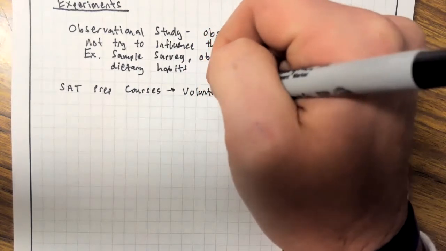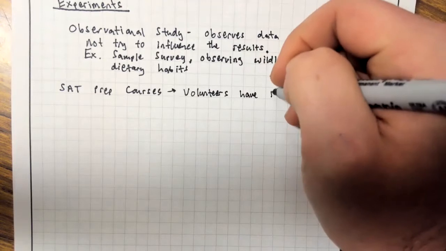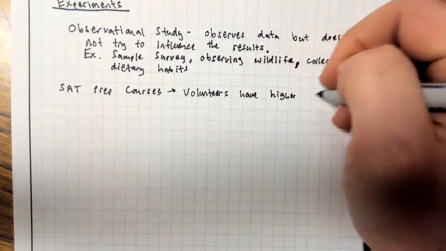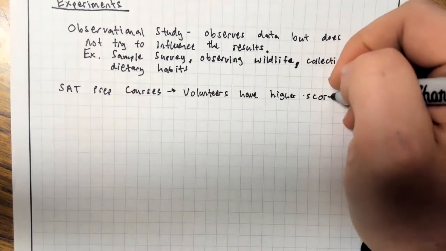So volunteers have higher scores. People that are taking these SAT prep courses typically perform better.